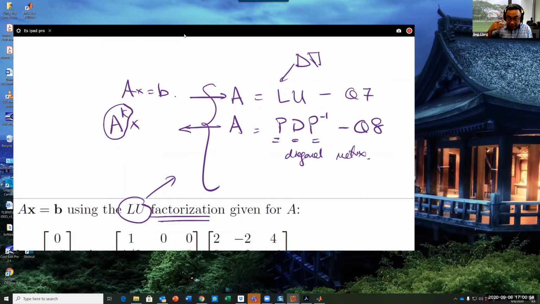But if we can break A into P D P minus 1, then suddenly we see that A to the power of K is a very easy problem to solve. Okay, so I've done question 7 and 8, and then maybe I will pause for a short time, and then I'll ask you whether you have any questions, and then if not, we can go to question 6 again.